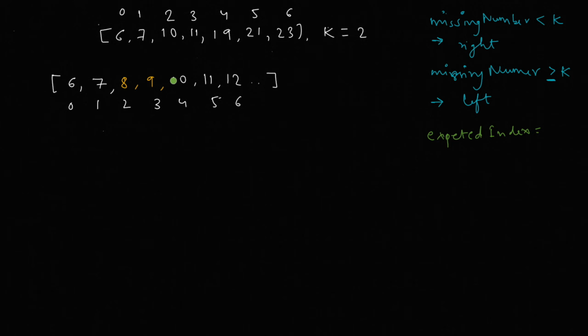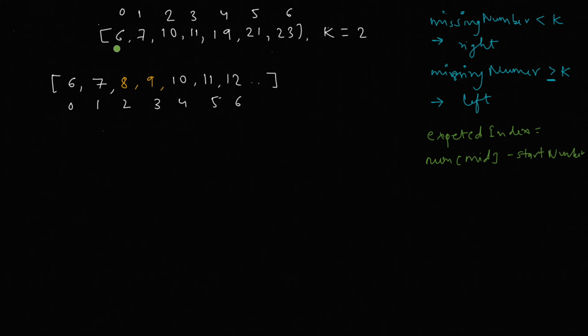So you can just do this: the expected index would be equal to whatever number the mid is representing, minus the start number, whatever is the number on the start.